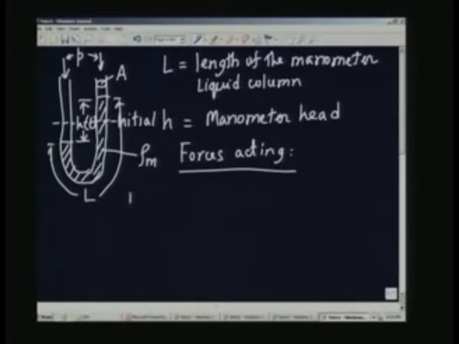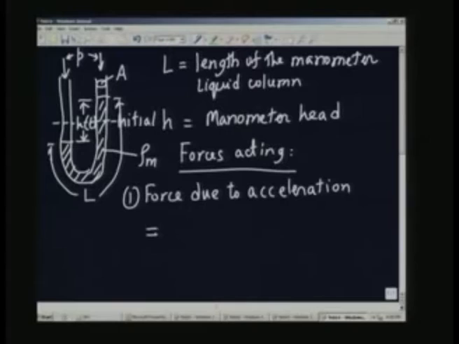So, the forces acting, one is force due to acceleration, because the fluid is oscillating, it has got a certain velocity and certain acceleration. Force due to acceleration will be given by the mass of the liquid, that will be rho m A into L. A into L is the volume, rho m is the density, this is your mass.